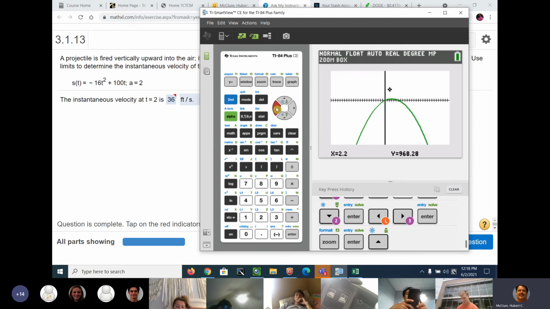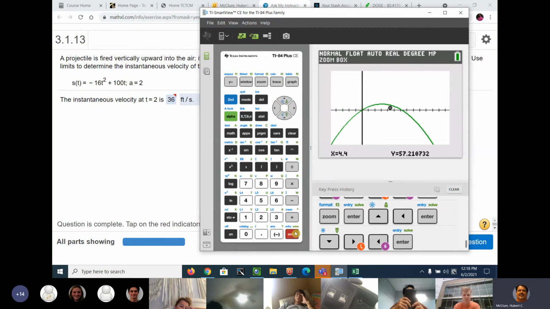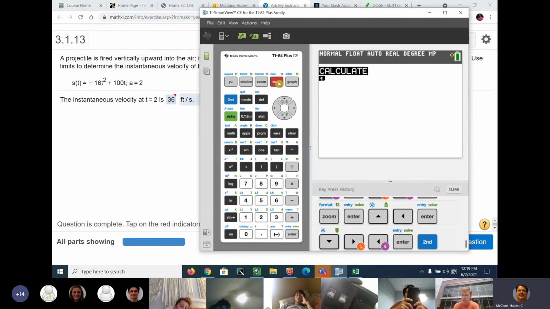And I'm just going to blow up this area right in here. There. And then, of course, we can see that it's going from second trace.